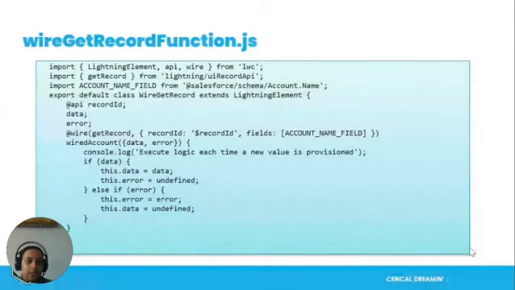This is our JS file. We call in the UI record API, and after that we call in the schema of our account and this field name field. After that, we use the wire decorator, and we put our logic.